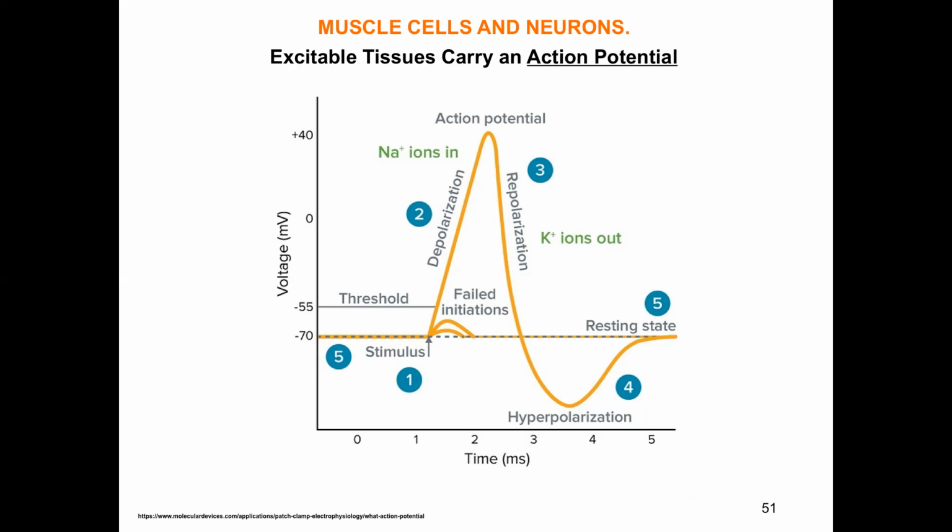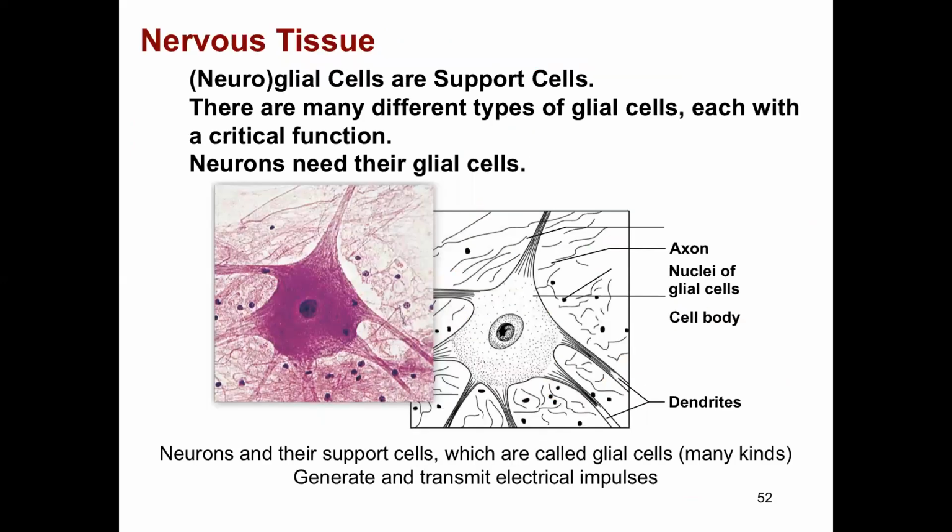And then what will its reaction be? Well, it will contract, okay? Both of them involve this carrying of charge called an action potential, all right? And we'll talk much more about that in detail later.